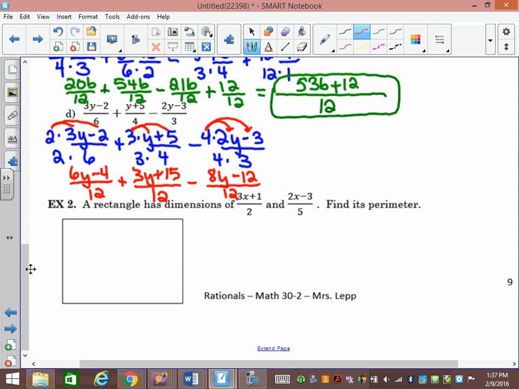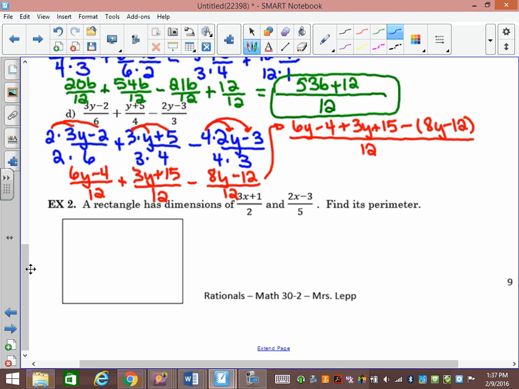Now when we write these, if it has a plus sign in between them, you don't need the brackets, right? Because if you add in a positive one, it's not going to change it. But the negative one, you do. So we're going to have 6y minus 4 plus 3y plus 15 minus 8y minus 12 all over 12.